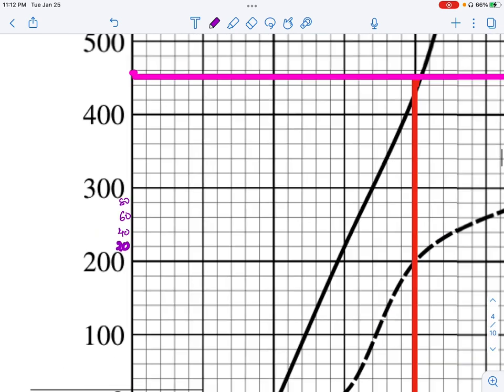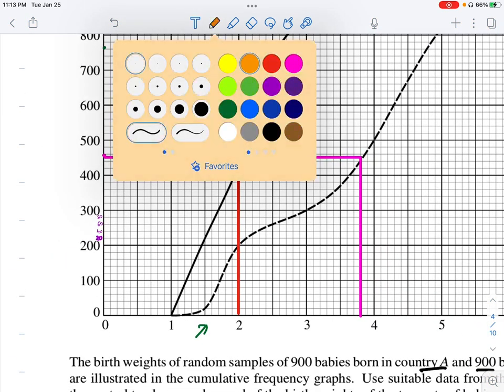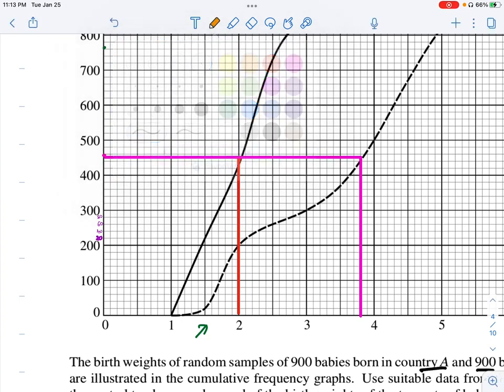So I want 225. From 225, I am going to draw an approximate line to the country A graph and drop it down.